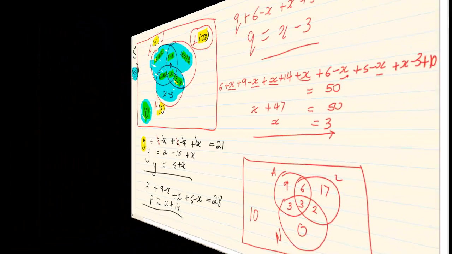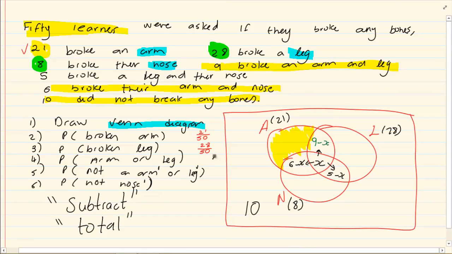If you take 40, then your answer is 40 over 50. But what learners do is they say, okay, what's 21 plus 28? Oh, it's 49. So my answer is 49. That will become a problem because you need to know that it's overlapping and you have to calculate x before you can actually answer number 4.